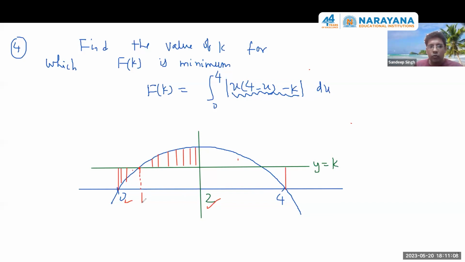But if x equal to 1, at which point will it intersect the curve? Sir, 3. Yes, because the curve is x into 4 minus x, so if you put x equal to 1, y is 3. Now you might ask, sir, why is that so? I will give you the reason also, but first you have to write the theorem or the result directly. Therefore, k must be equal to 3.